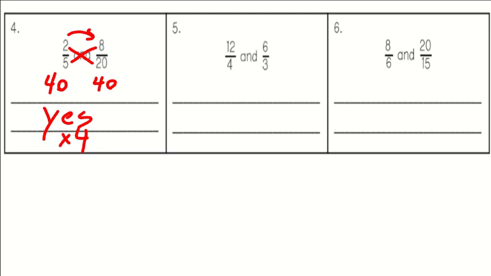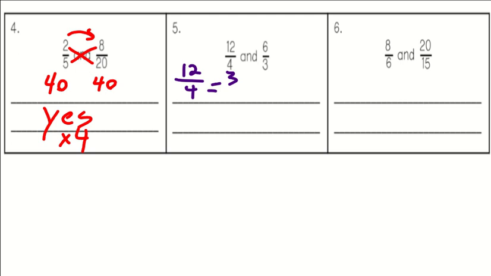The other way you can check to see if they are equivalent is by putting them into the calculator. Okay? So, get your calculator. Click that button to put in a fraction, and then put 12 over 4 and hit enter. That gives you 3, right?